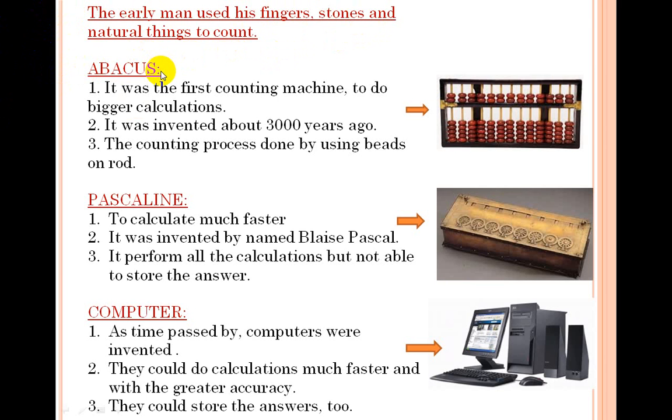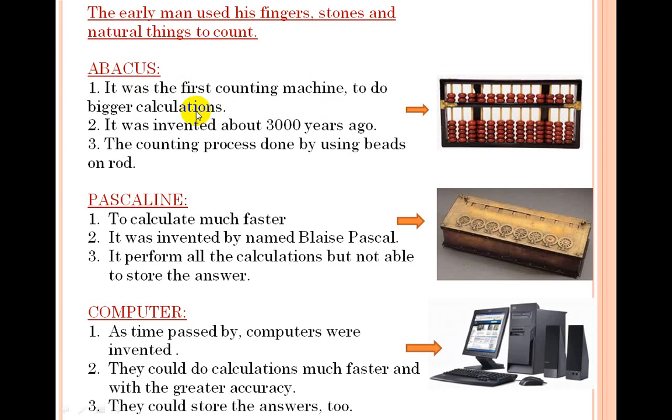At that time the abacus was invented for bigger calculation. As you can see here, the picture of the abacus. It was the first counting machine to do bigger calculation.